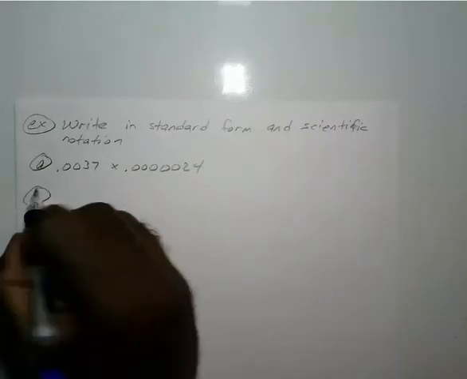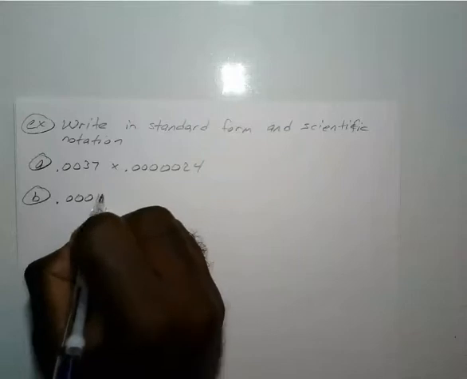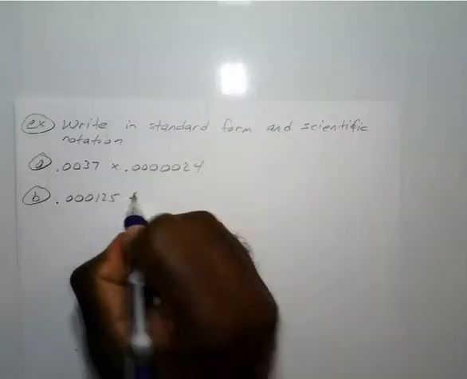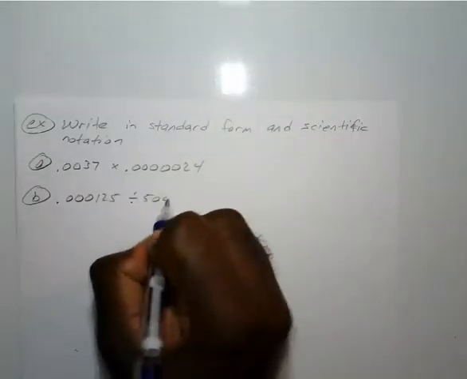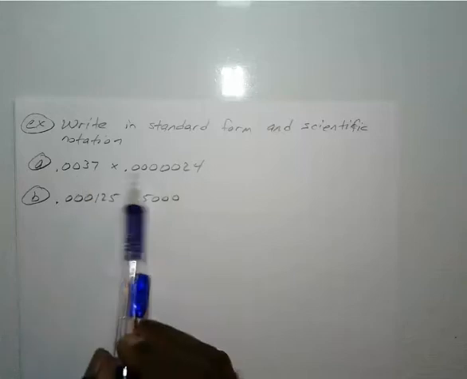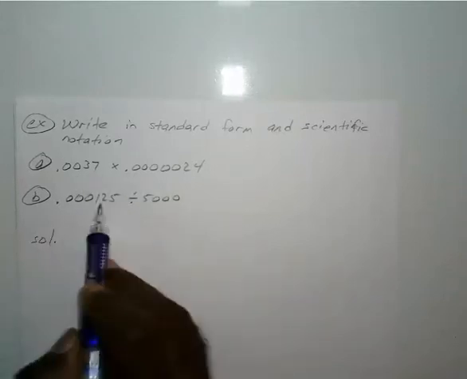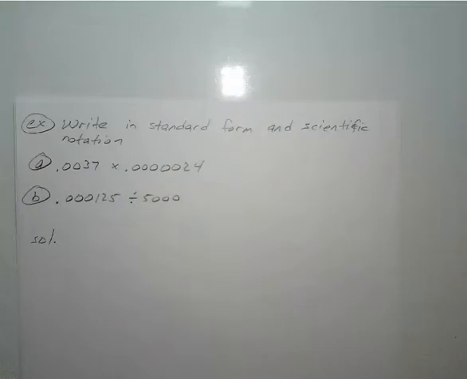And let's say for problem B, we have 0.000125 divided by 5,000. Really all we have to remember is that these are just numbers multiplied, and for B, they're just numbers divided.